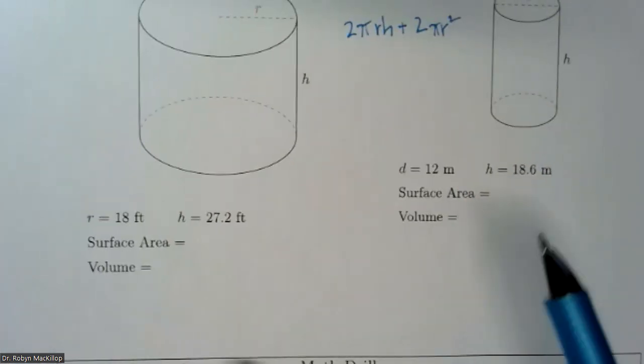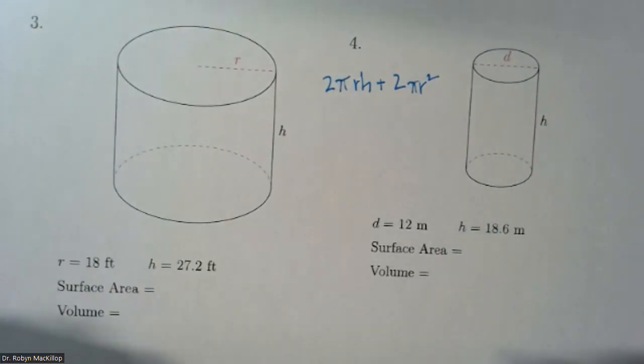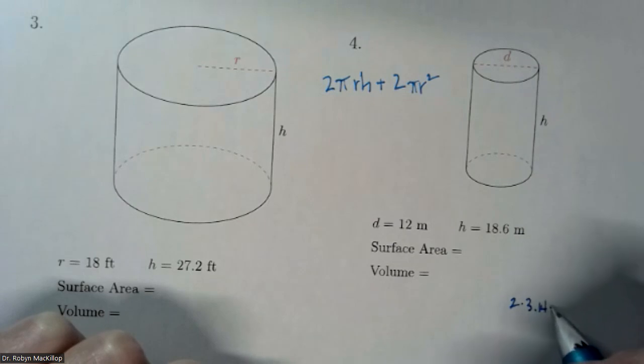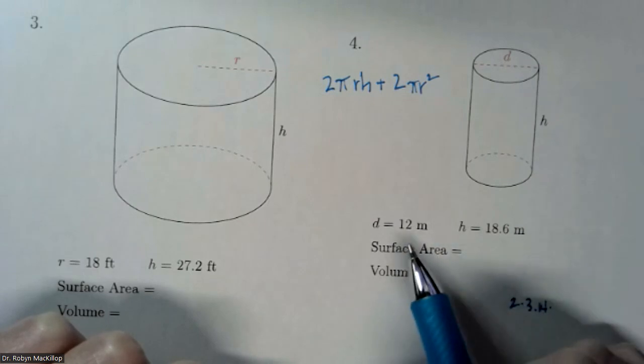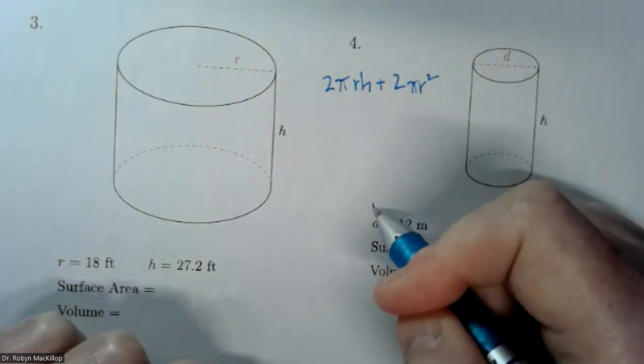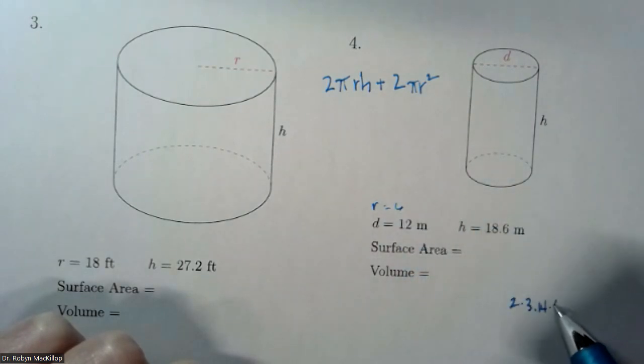All right, so let's do this one because the numbers are smaller. So we're going to do 2 times 3.14 times the radius. They gave us a diameter, so our radius is 6, times 6, times the height is 18.6.